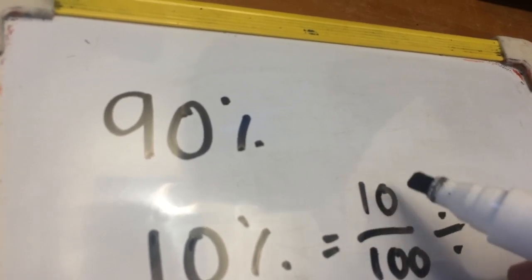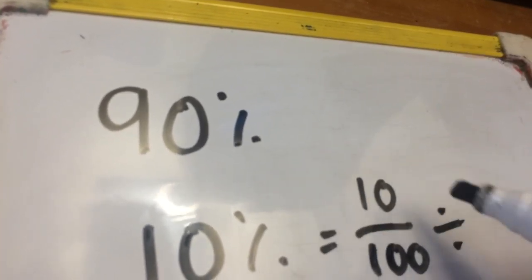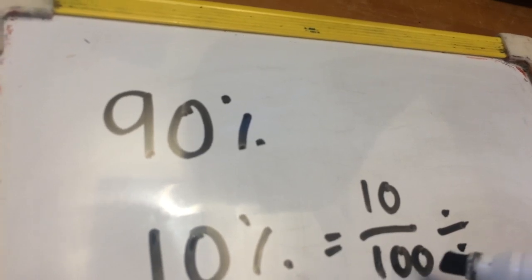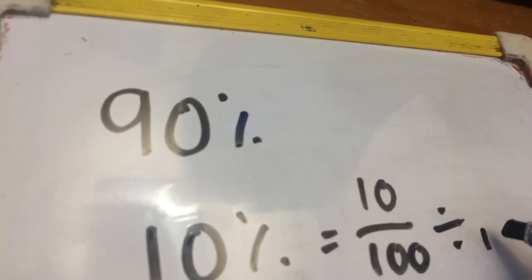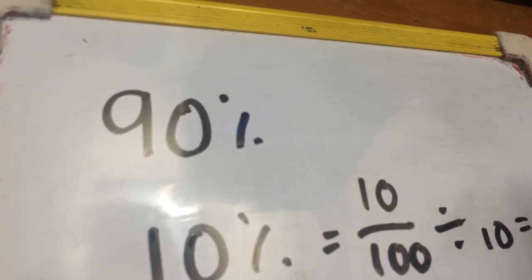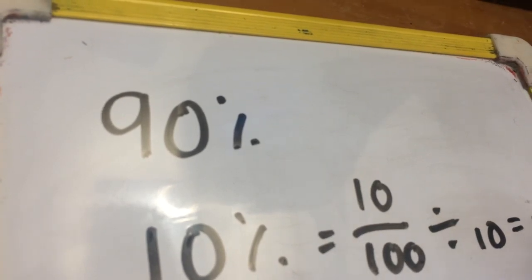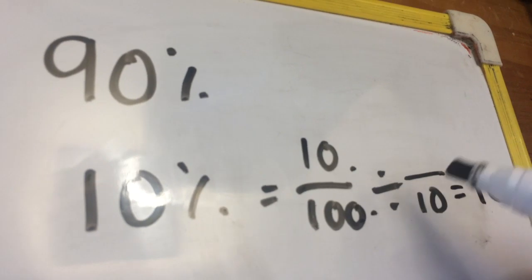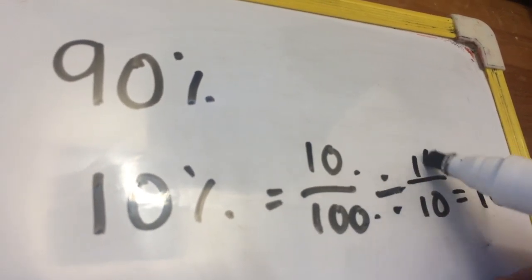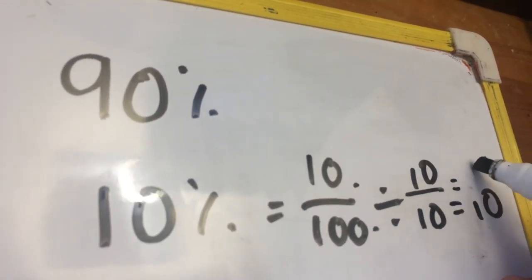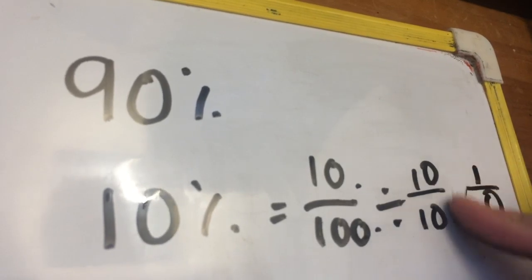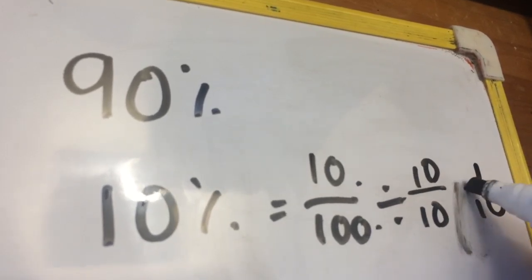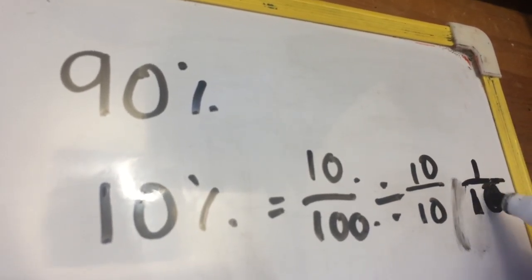It's very obvious there's a number here that divides into both, and that is 10. So 100 divided by 10 equals 10. What we do to the bottom, we must also do to the top. So 10 divided by 10 equals 1. So your actual fraction is 1/10. So he missed 1/10 of them.